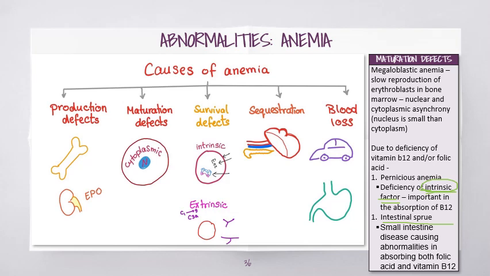But with folic acid, it is quite the opposite. If you have stopped ingesting or have an increased consumption of folic acid in the body, you may produce megaloblastic anemia or deficiency in folate within a few days. That's why, remember, in pregnant women, one of the important supplements they are asked to take is folic acid.